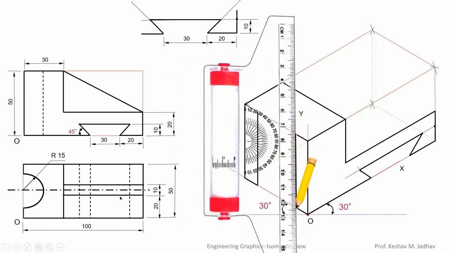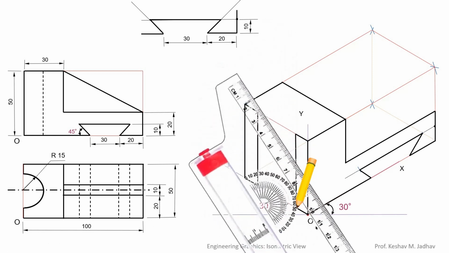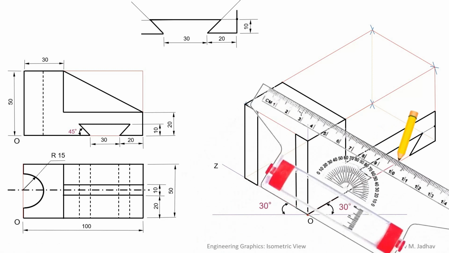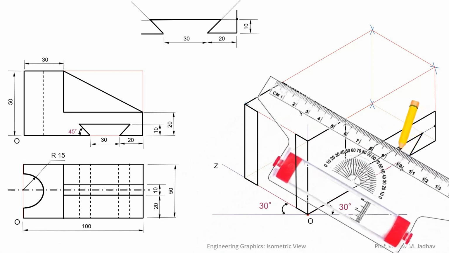Now we will draw this line. So this line, it is parallel to the z-axis. So we can make a roll and draw parallel to the z-axis, and this corner it is here. So from this end we can draw a line parallel to the z-axis, but only this portion will be visible, the remaining portion will be hidden, and it is not required to draw a dotted line in the isometric view.